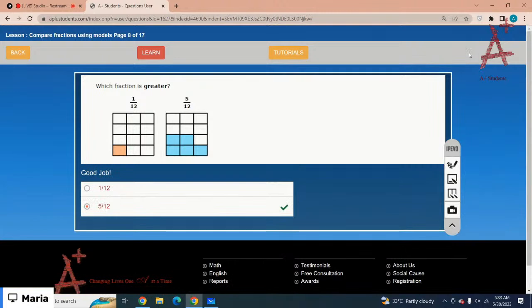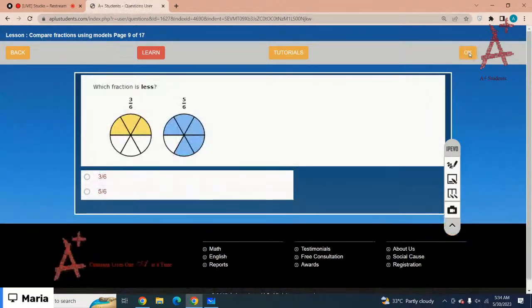Okay. Which fraction is less? 3 by 6 or 5 by 6? 3 by 6 is less than 5 by 6.